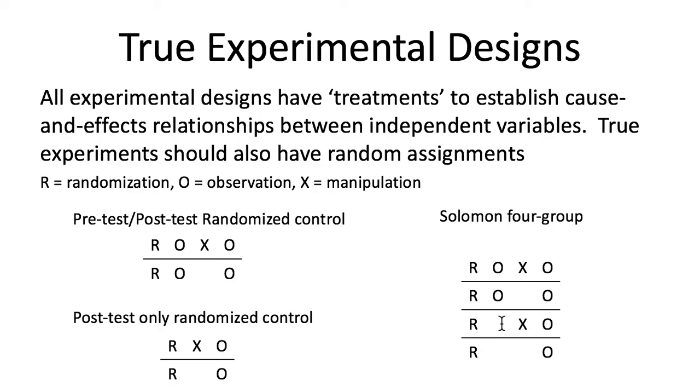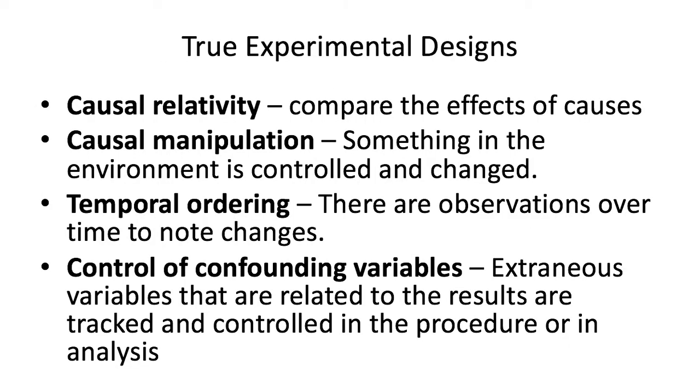That way I can figure out, did it matter that I exposed people to the dependent variable measurement first? Or is the difference that I see between groups 1 and 2 the same as the difference that I see between groups 3 and 4? Those are some confounds that we're going to be talking about in a little bit.